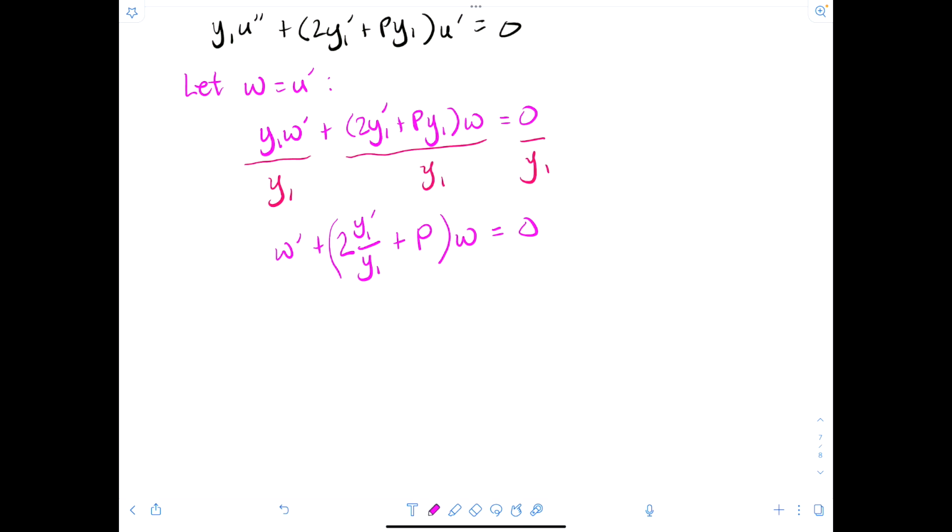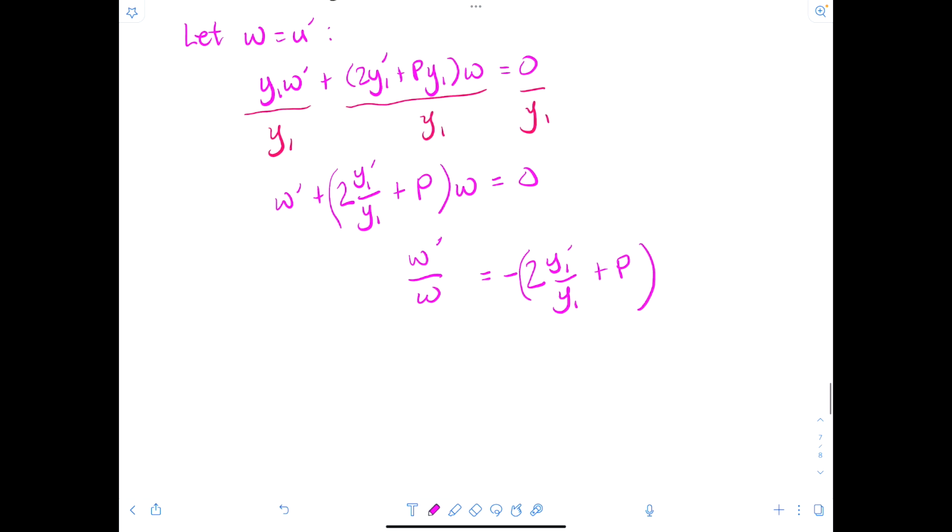Now, this is separable, right? We can rewrite this as w prime over w is equal to negative 2 y1 prime over y1 plus p, and then the negative is on the outside. Now, a little bit of trickery. w prime is dw dx, so we replace w prime with dw dx.